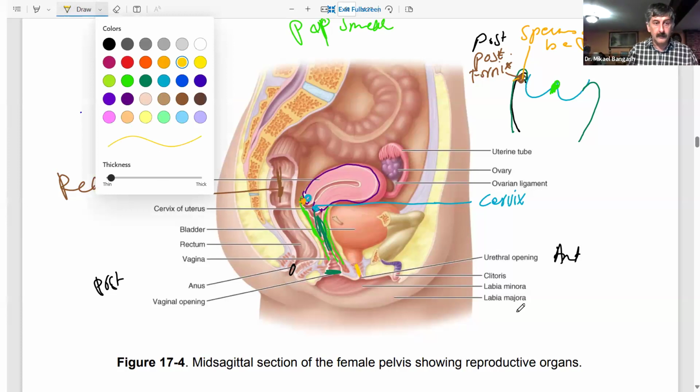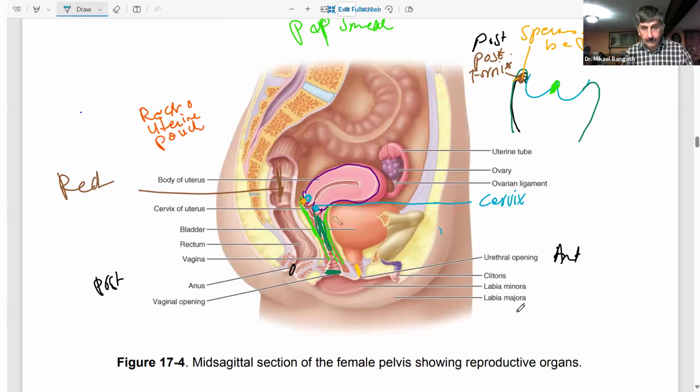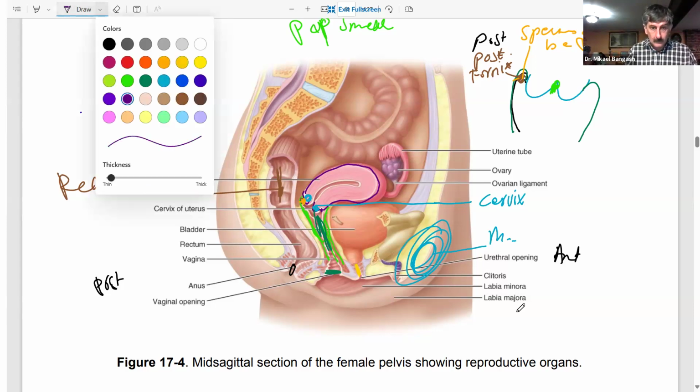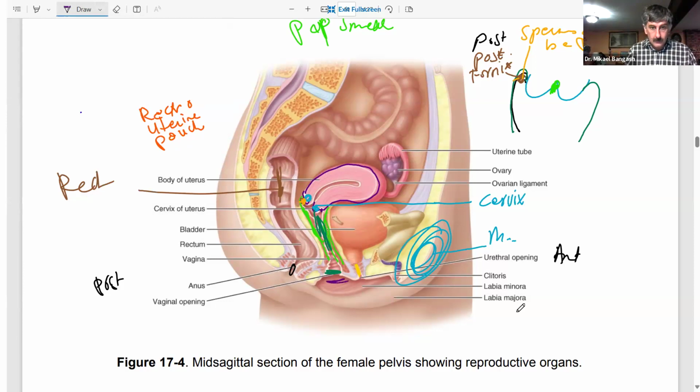Here we can mainly say all this here is called the mons pubis. So labia minora, and that's the outer labia majora.